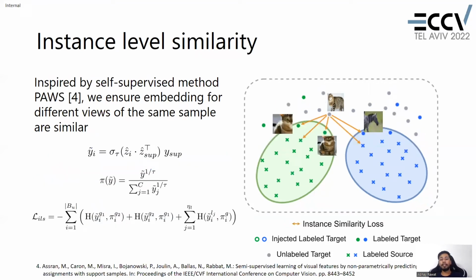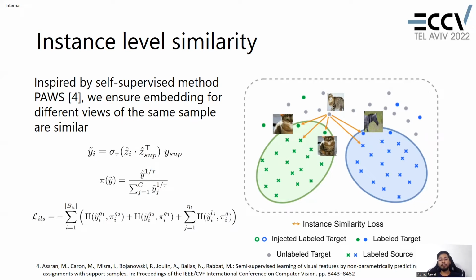Inspired by self-supervised methods, we ensure embeddings for different views of the same sample are similar. Moreover, the similarity is computed with labeled samples from all the classes and both the domains to compute the soft pseudo-label for each unlabeled sample. Please note that the soft pseudo-label is a probability distribution for a sample, describing the likelihood of the sample belonging to a particular class.